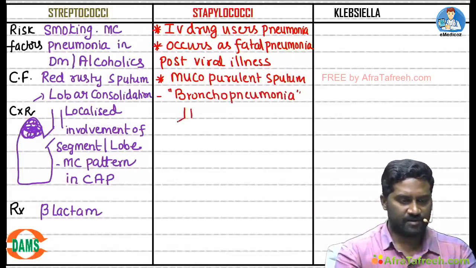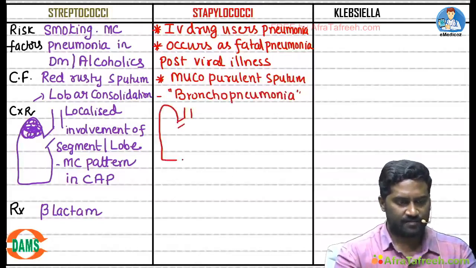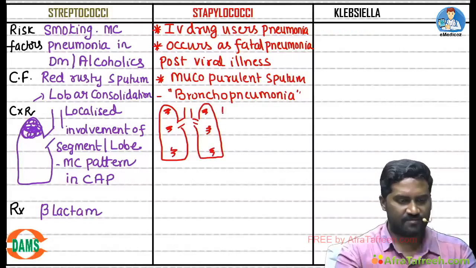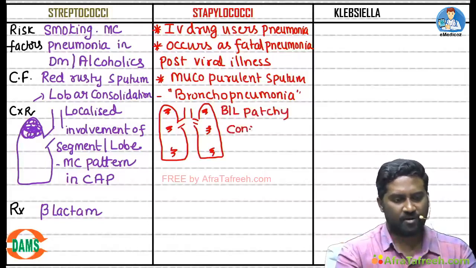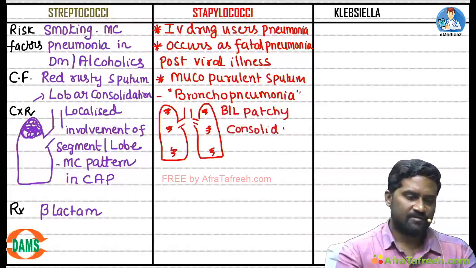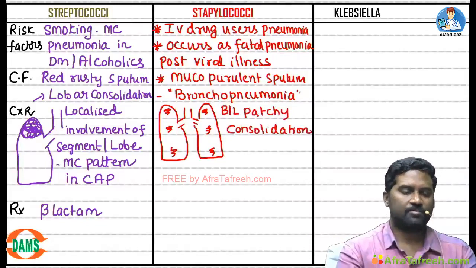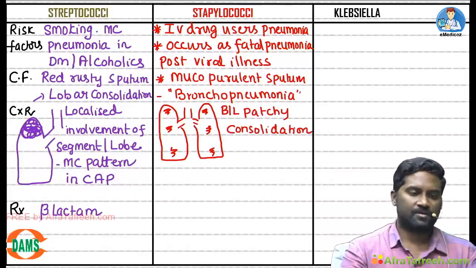If you consider this is the lung, there will be bilateral patchy consolidation. This bilateral patchy consolidation is called bronchopneumonia.